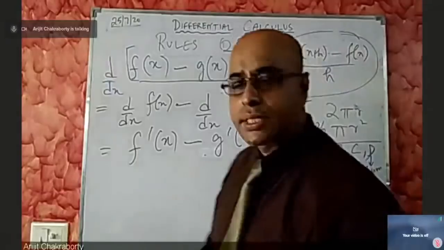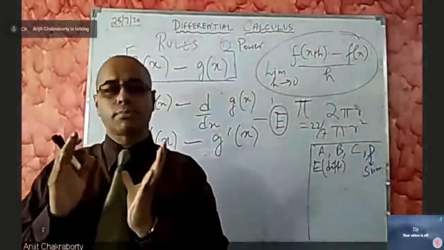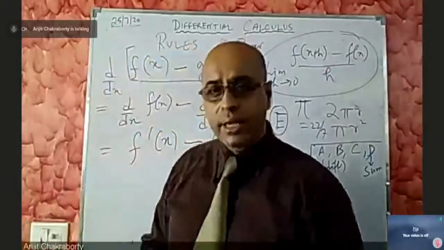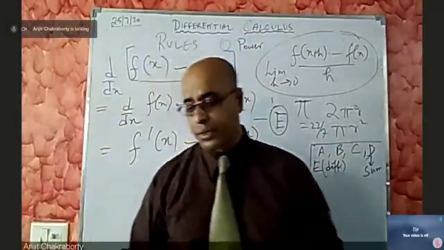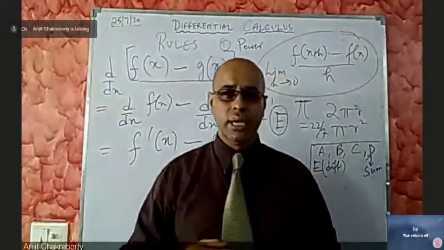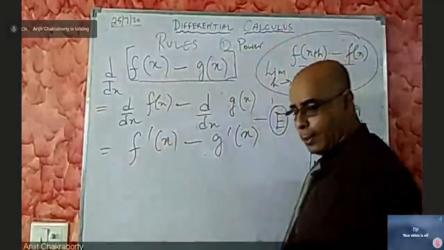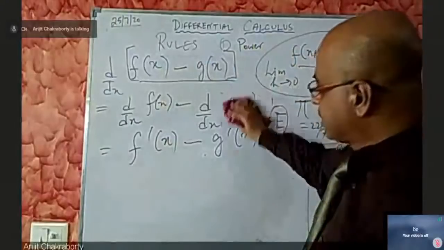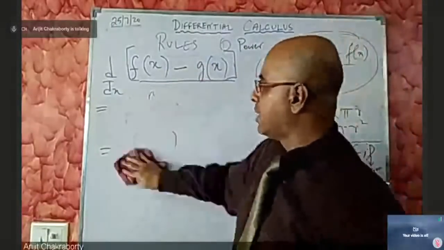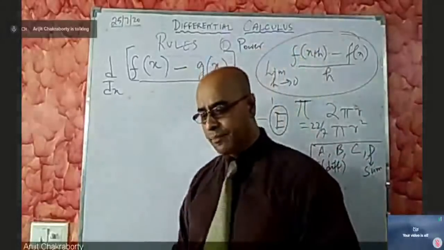So I will be writing here formula number E on difference, which we have covered. This is the formula on addition, the formula on subtraction. Now we are left with the next formula, which basically is of product. But before that, we will take two examples of these two, so that you have a clear concept. So I will rub this out and write two functions here.